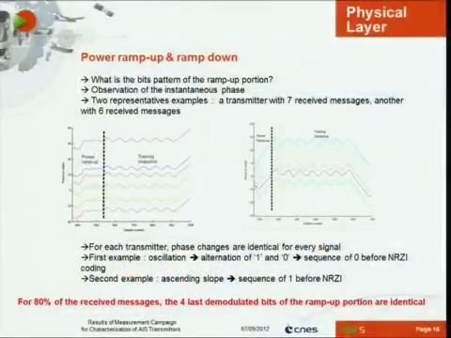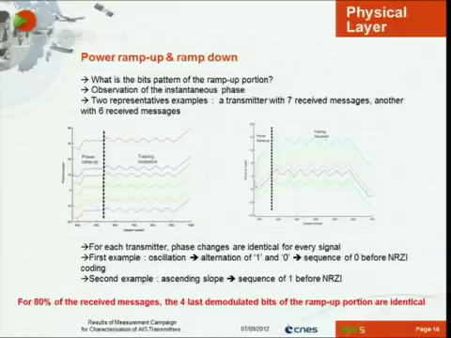In the first example, during the power ramp-up portions, we have oscillations. That means an alternation of logical 1 and logical 0. And so before NRZI coding, it's a sequence of 0. In the second example, we have an ascending slope that corresponds to a sequence of logical 1.